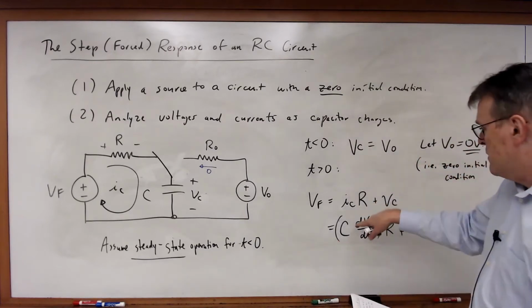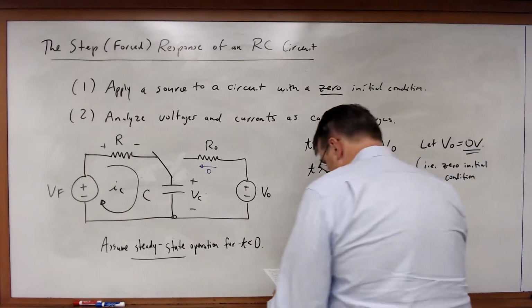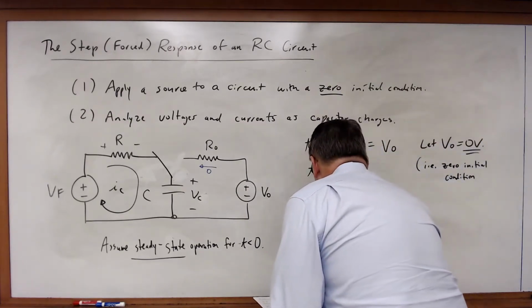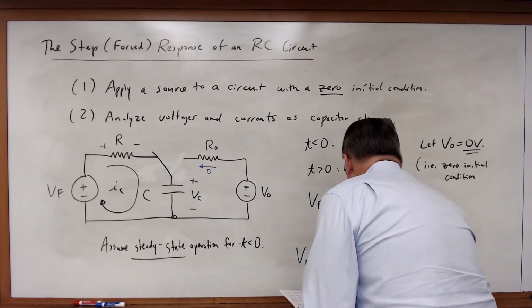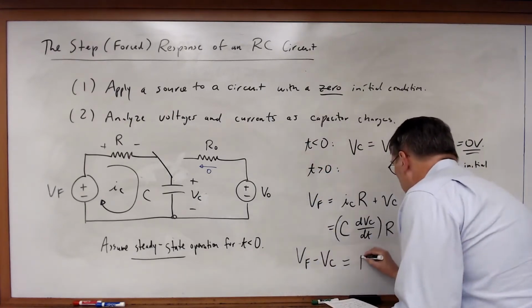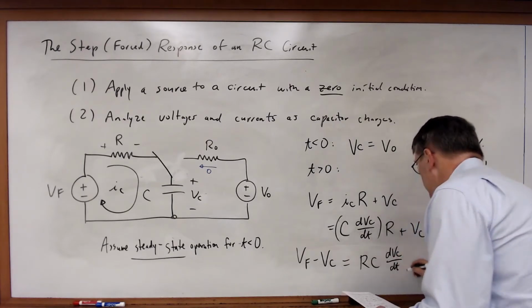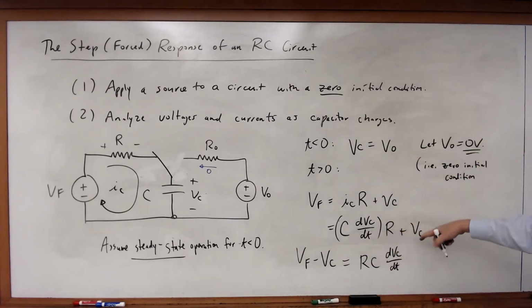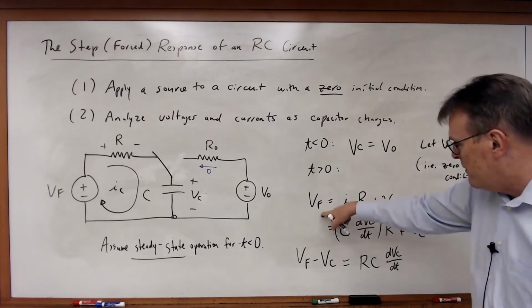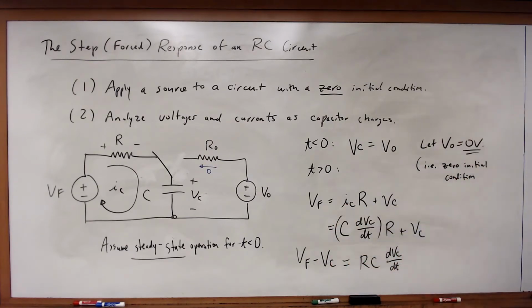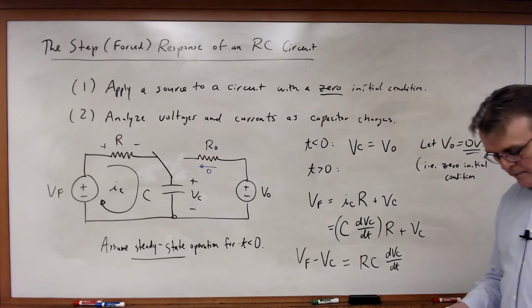And I can rewrite terms, and what I will get is that Vf minus Vc is therefore equal to R times C times dVc dt. So a little bit of algebra brought the Vc term over to the other side, and this is what I get. Once again, first order differential equation.